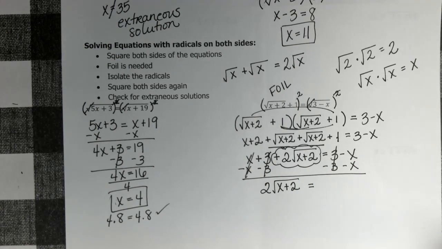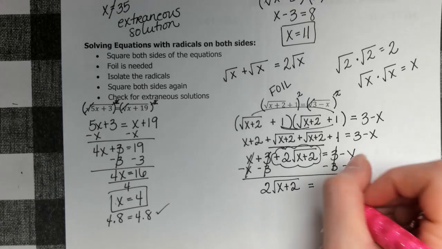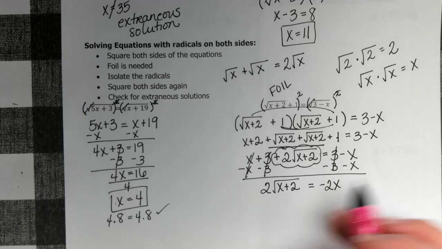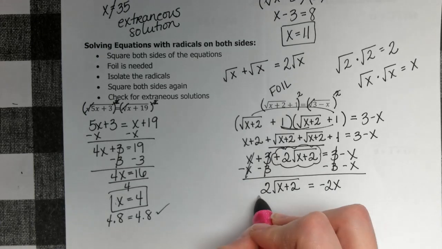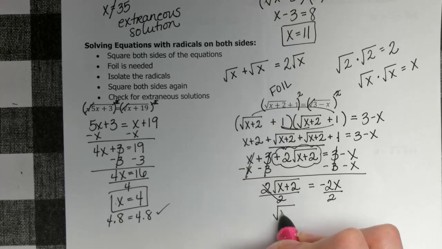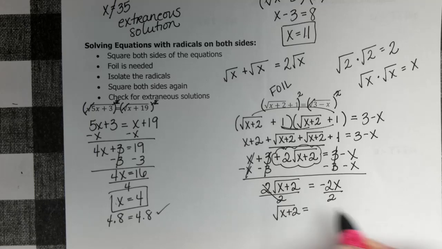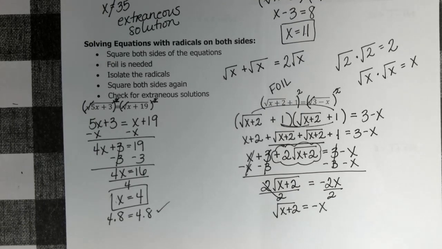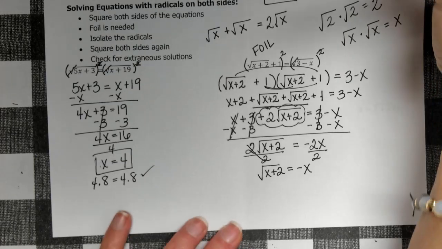Negative x minus x does not cancel. What does that give me? Negative 2x. Then what do I do? Divide by 2. Square root of x plus 2 equals negative 1x.